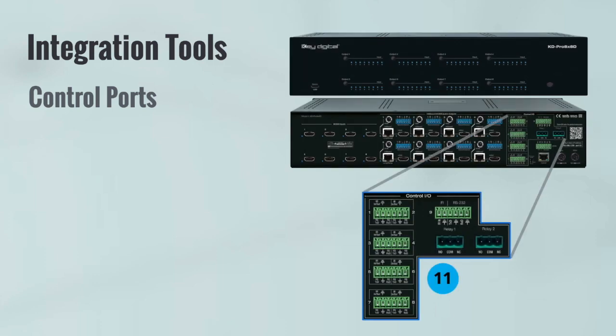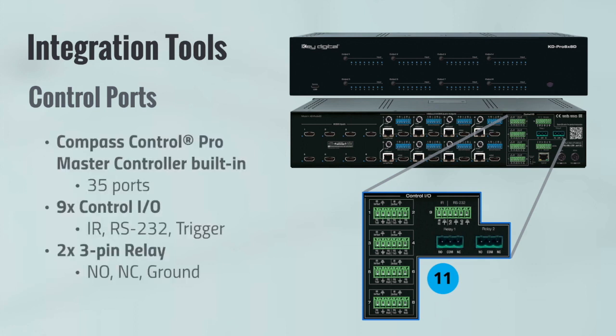Now, one of the most valuable integration tools of KD-Pro8x8D is the fact that you have over 30 control ports built into this system. It makes it ideal for a one-box solution for integration of video matrixing, audio distribution, and control of your system from our Compass Control Pro system.